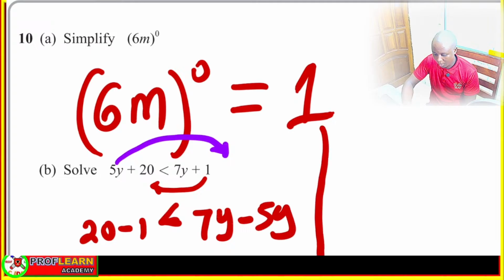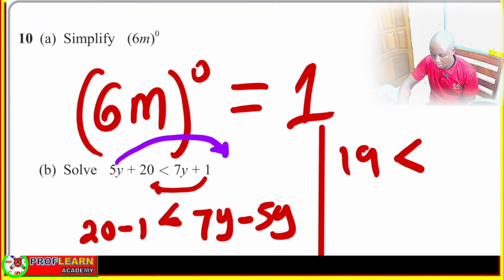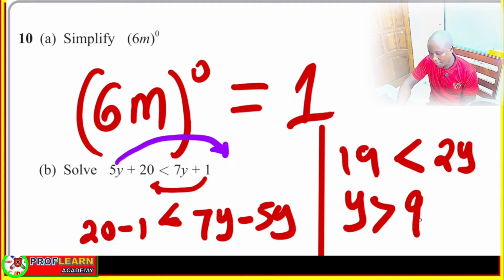And if you work it out, you're going to realize that it's going to be 19 is less than 2y. And then if you work it out, it will be y is greater than 9.5 as our final answer.